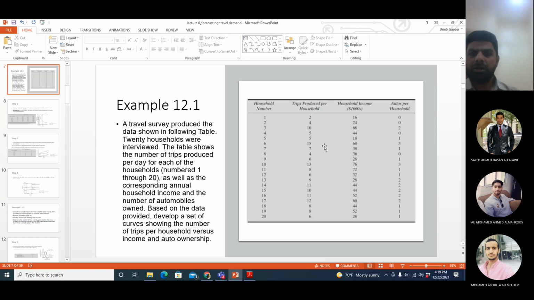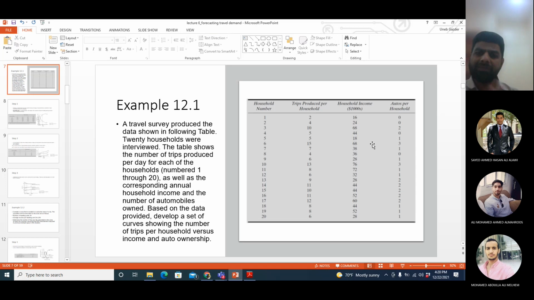First of all, I separated the households which have 32,000 or less. How many are these which have 32 or less? 1, 2, 3, 4, 5, 6, and 7.